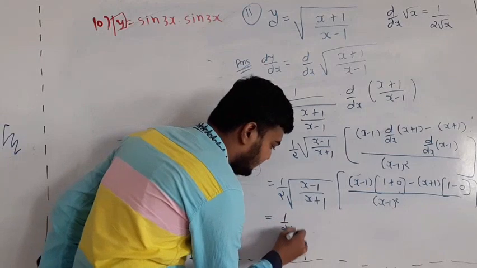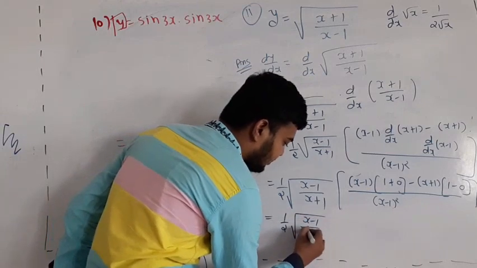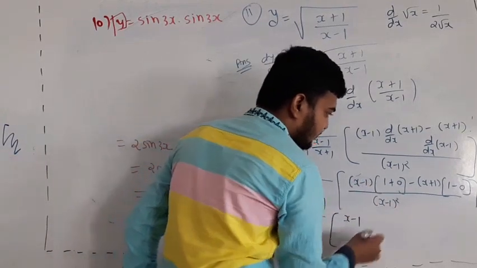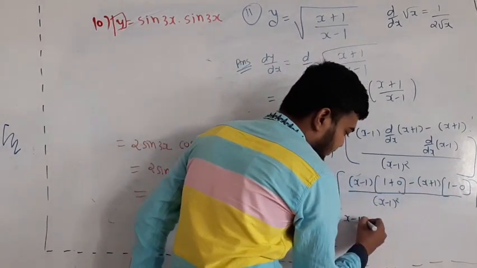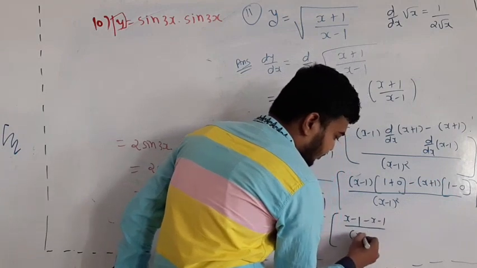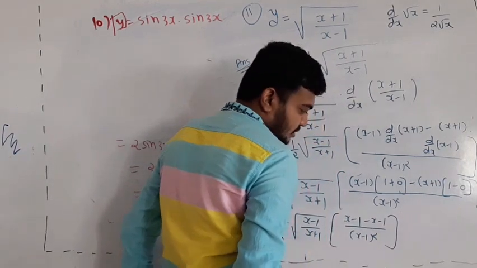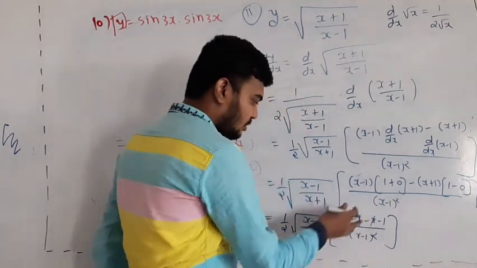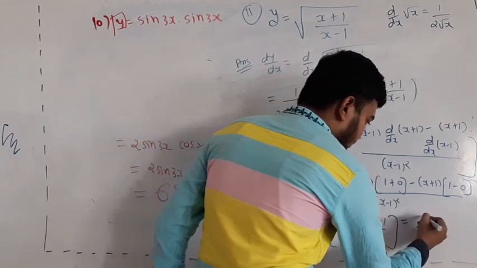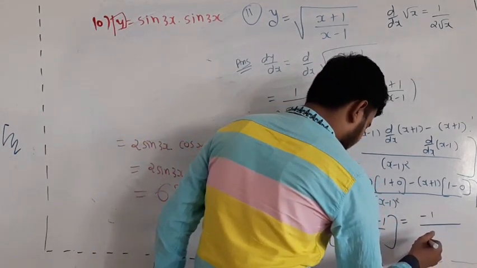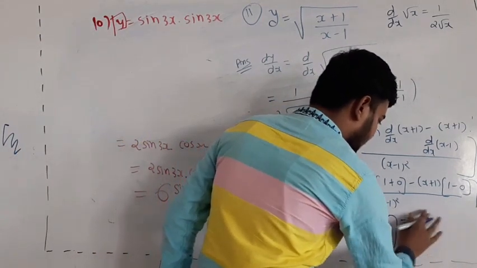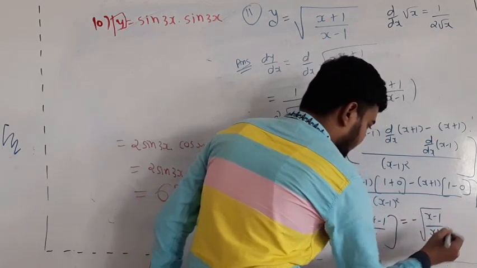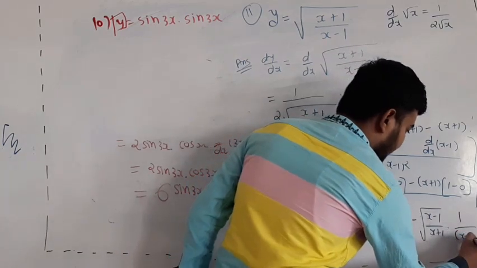So 1 by 2 as it is, under root x minus 1 upon x plus 1, times x minus 1 into 1, minus x plus 1 into 1, upon x minus 1 whole square. Here x cancels out, minus 1 minus 1 becomes minus 2, so the 2 also cancels, giving minus 1 upon under root x minus 1 upon x plus 1 into 1 upon x minus 1 whole square.